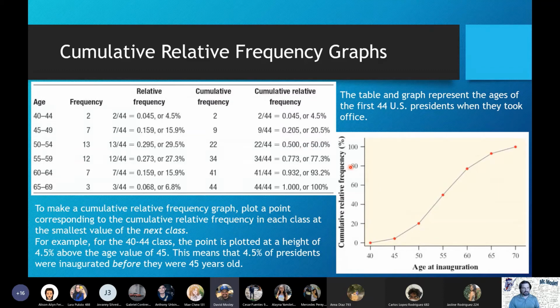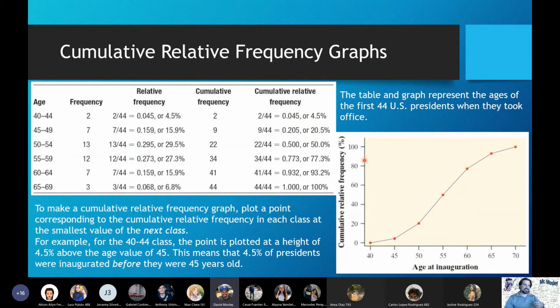We can move along here and say the same thing about these other percentiles. And then what this type of graph allows us to do is we can approximate percentiles. So like if someone was 62, we can find approximately where 62 is on the graph, go up to our line, go over, and we can say, okay, well, that's probably like the 85th percentile.